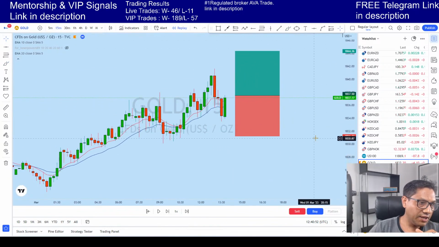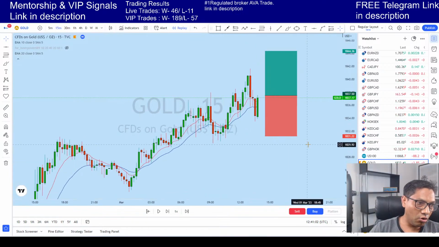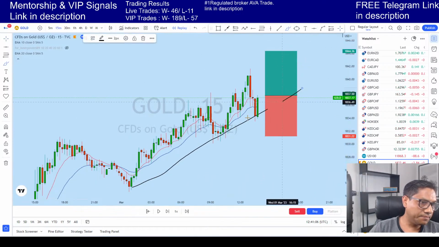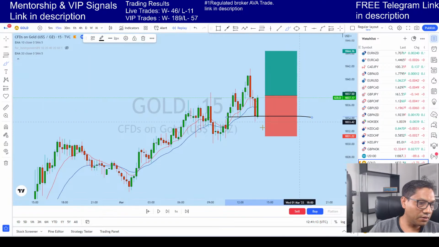The next thing is we saw the break of local structure. This is the sweet spot that I always look at, the breaking of local structure. Now this is the local trend. You can see an uptrend, and we saw that the price broke this support here and then created an overextended market to the downside.